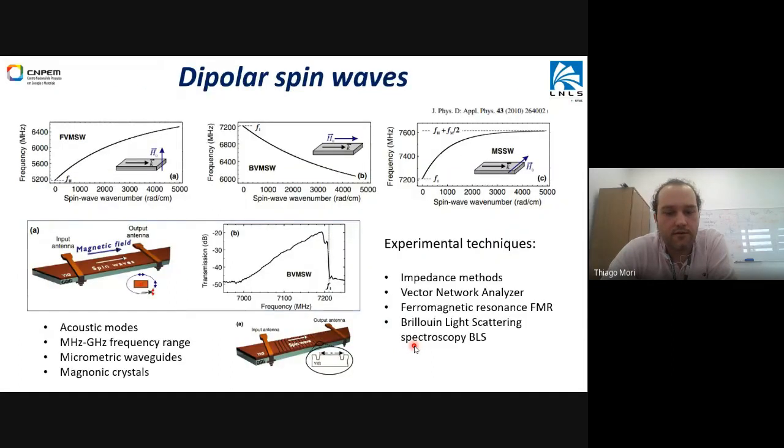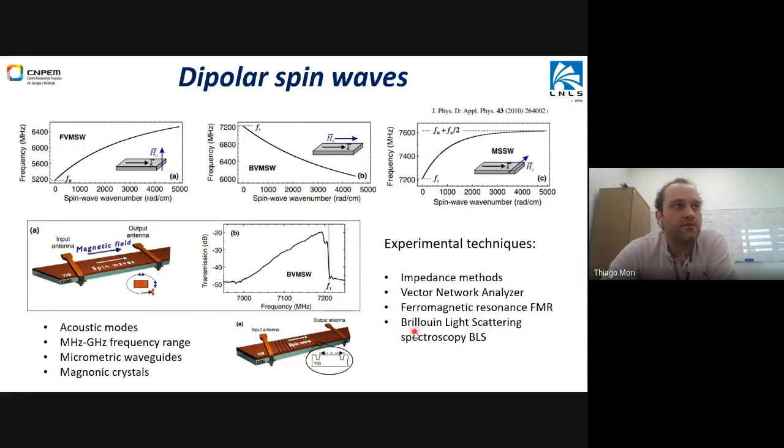The idea is that for the last decades, we could measure very well, as you do in Santa Maria, for instance, dipolar spin waves that are in the gigahertz frequency range. And that's easy because we have equipment that we buy commercially to measure impedance methods, vector network analyzer, ferromagnetic resonance, FMR, Brillouin light scattering.